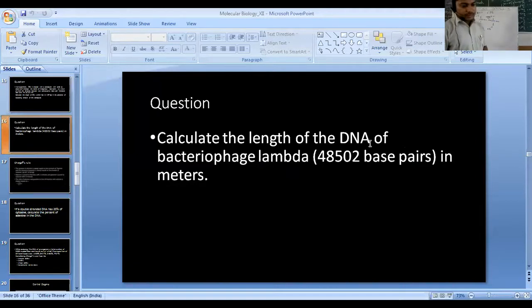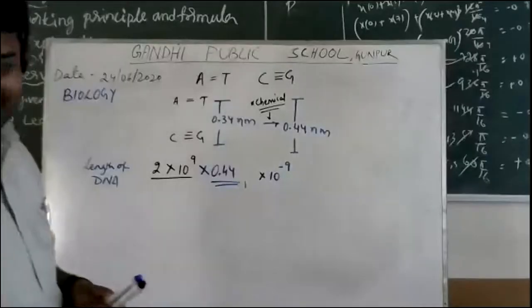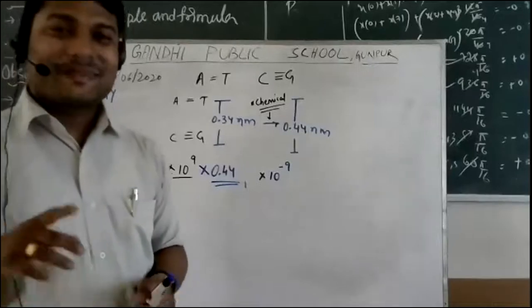Yes, sir. Can you tell me what will be the result here? Yes, so 48,502 into 0.34. Okay, as you said, nanometer, then 0.34 into 10 to the power minus 9.